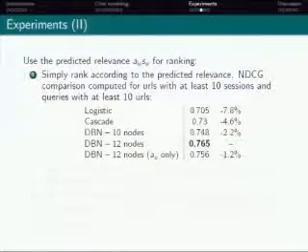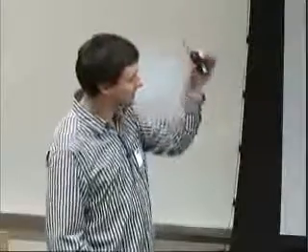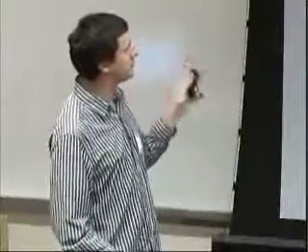Here I present some results in which I simply sort the URLs according to their predicted score, so there is no learning. We'll come back to that later. I compute the NDCG for different click models. I kept all the URLs for which I had at least 10 sessions, and all the queries for which I had at least 10 URLs.